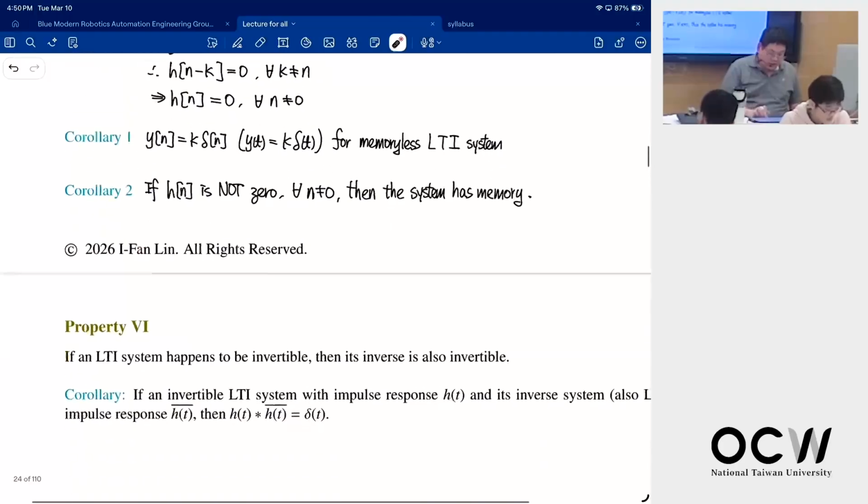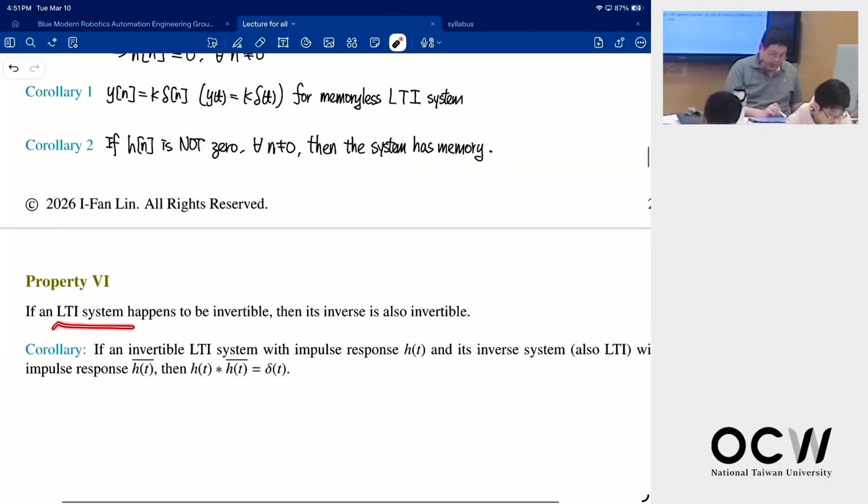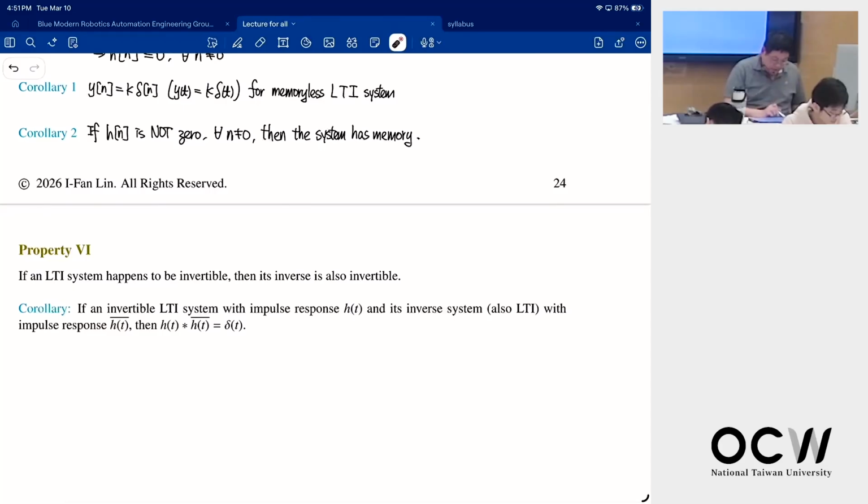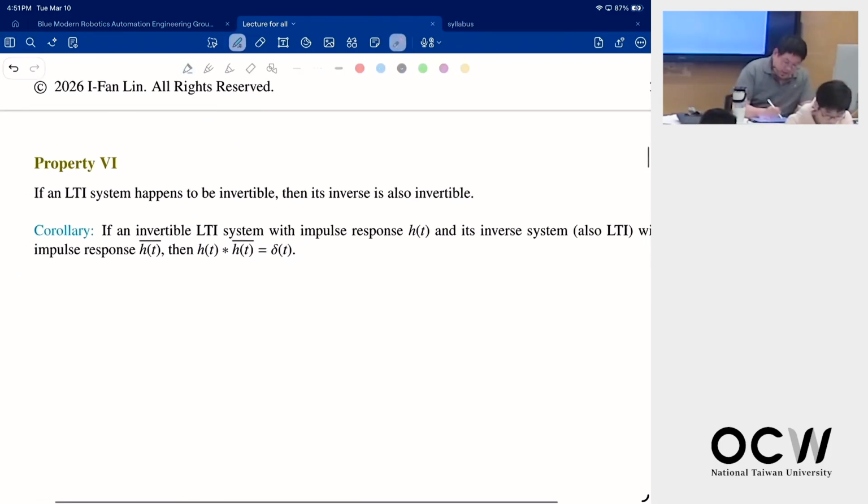Next, if an LTI system happens to be invertible, then its inverse is also invertible. Okay, here's a corollary. If an invertible LTI system with impulse response h and the inverse system with impulse response h bar, then when they do the convolution, you will get the unit impulse. Let's see.